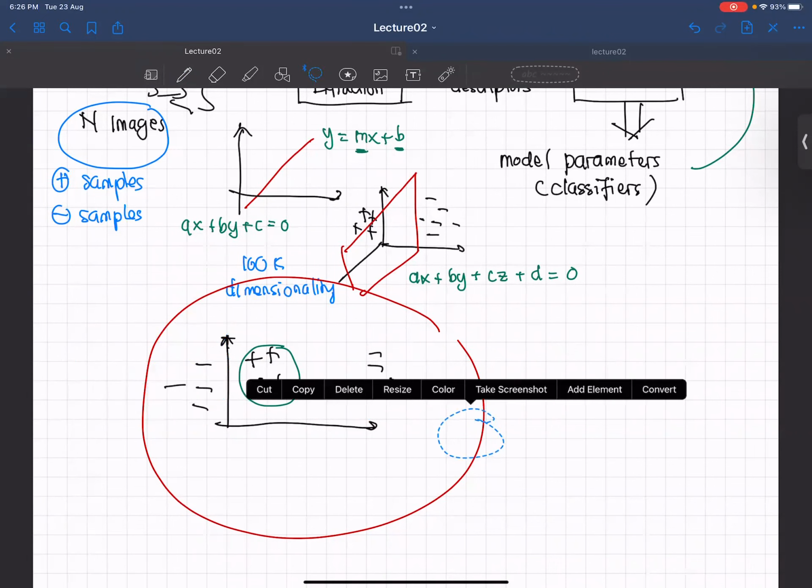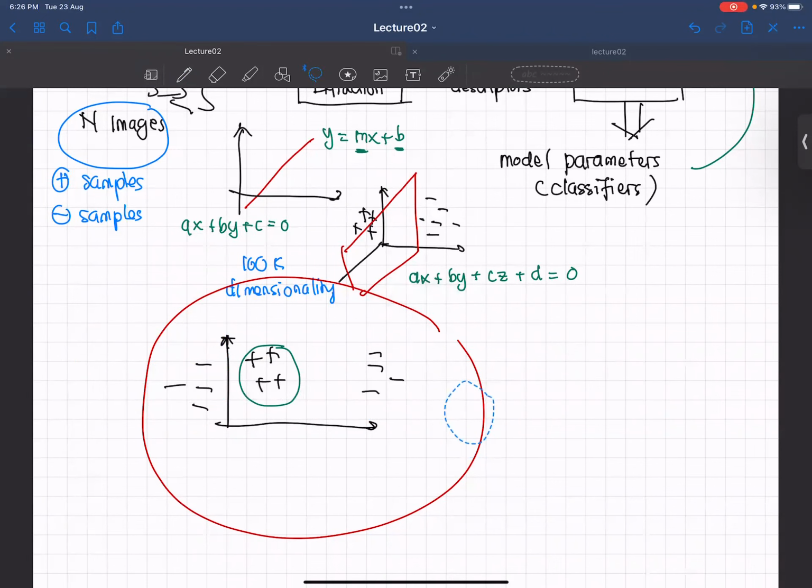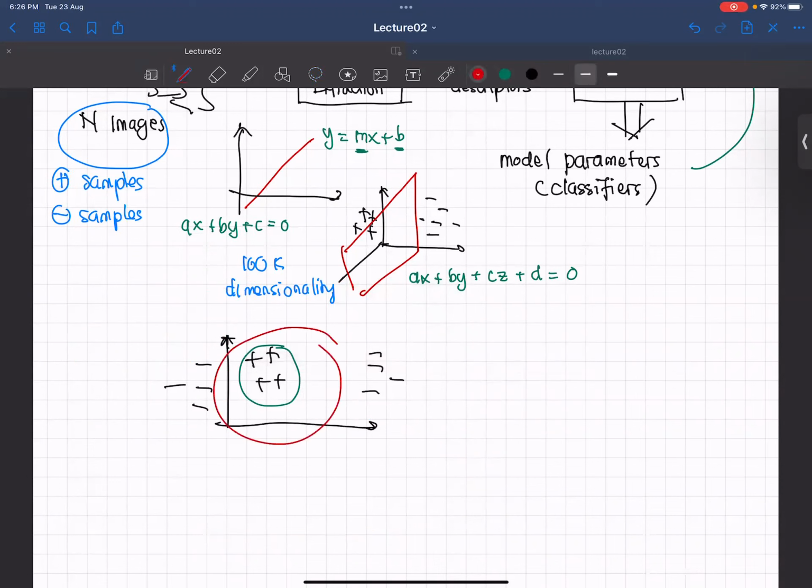Now, what happens with that? In that case, your red line will be closer to the positive. So which one is better? Case number one or case number two? Two, right? Obviously, because we want to constrain the boundaries, to constrain the classifier as close as much as possible to the positive samples.